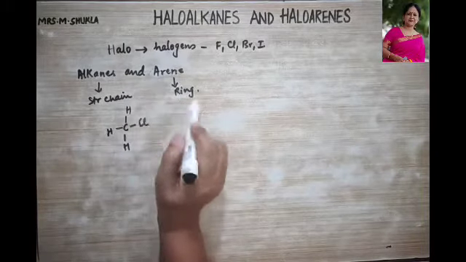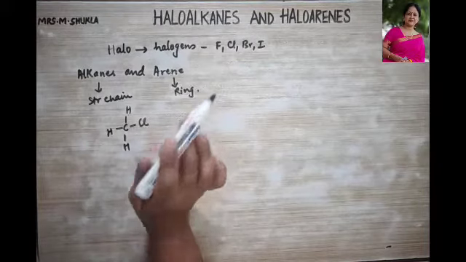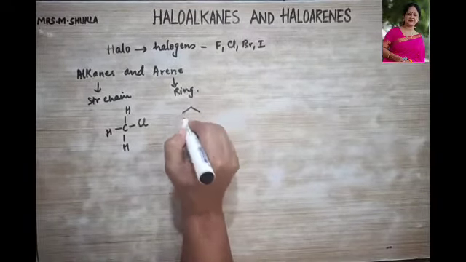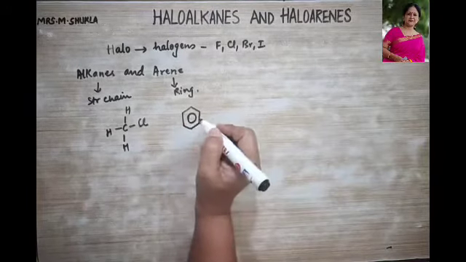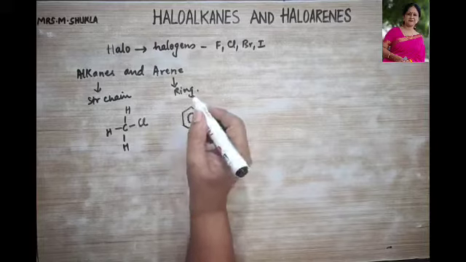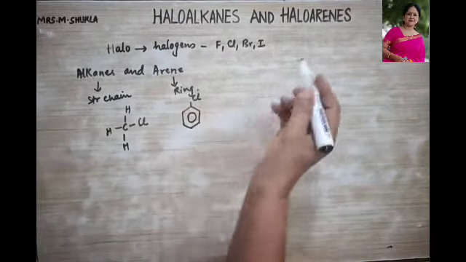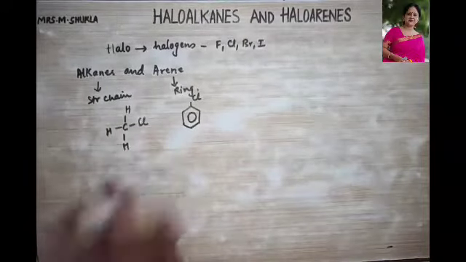For haloarene, we study the simplest ring, that is the benzene ring. When we remove one hydrogen and add one halogen, it becomes a haloarene. This is what we are going to study in this chapter.